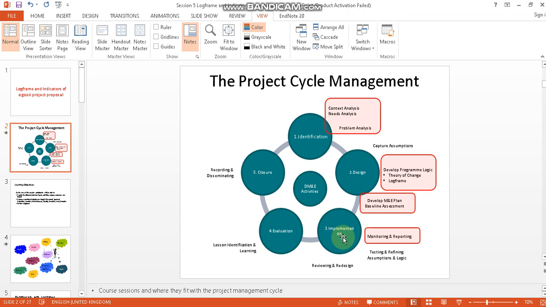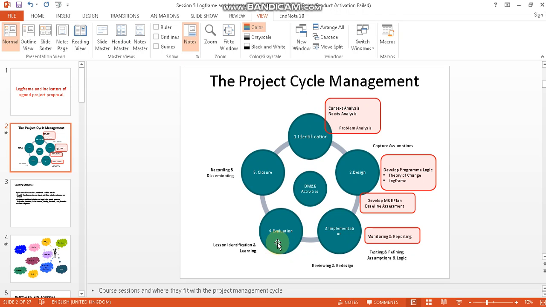However, if projects are designed for a long period of time, let's say five years, and if the context changes or needs are no more relevant, and those activities set during the design stage are not relevant, then we might have to think through here and add new activities to contribute to the set objectives and goal.